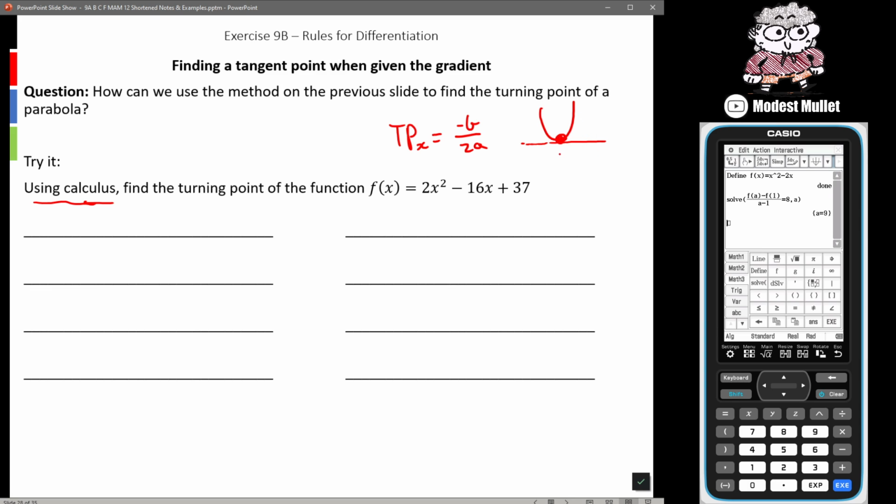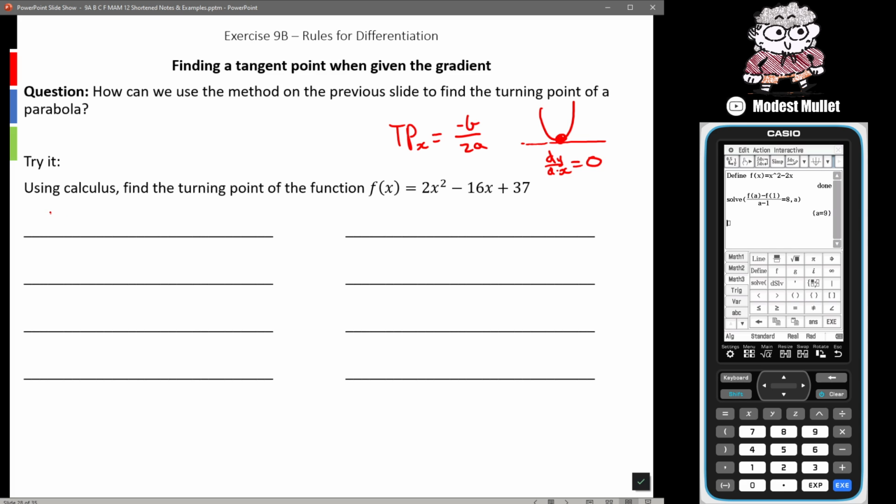What's the gradient? The gradient at that point, or dy/dx at that point, is going to be equal to 0. Gradient at every turning point is 0, on a cubic, on a quartic, on a quadratic. So if we can differentiate a function and then figure out when that gradient is equal to 0, that's telling us where all the turning points are.